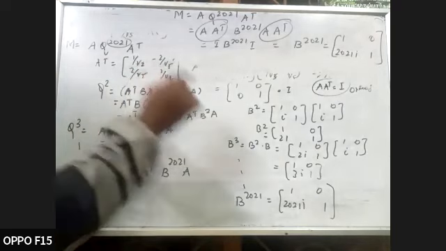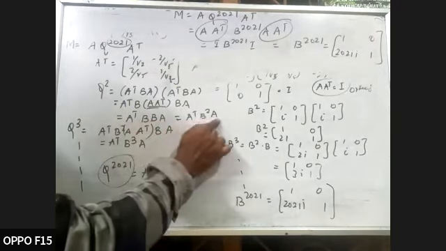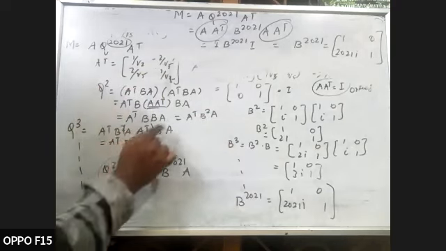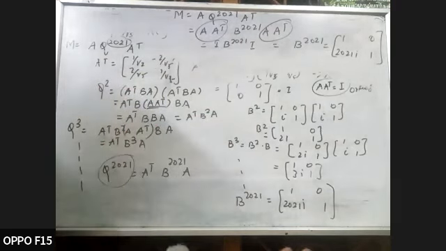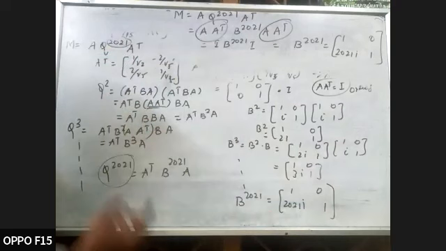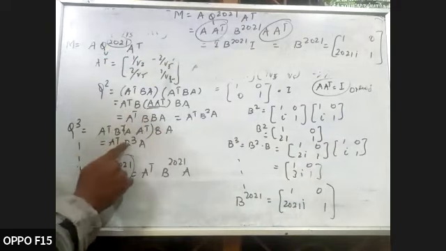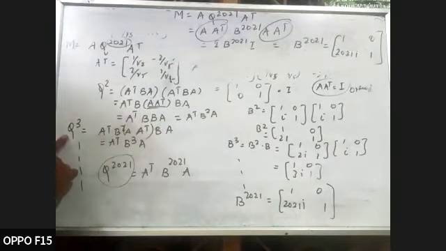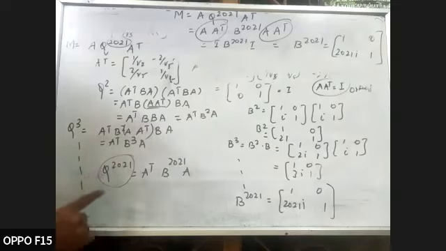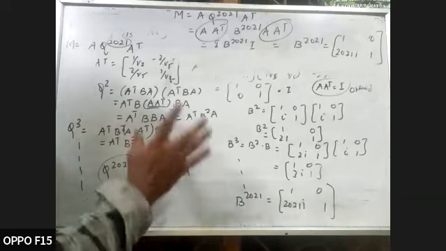Q cube is A transpose B square A into A transpose B A, and again A transpose A is nothing but I. So we can get A transpose B cube A. When it is Q cube, A transpose B cube A. When it is Q power 2021, A transpose B power 2021 A.